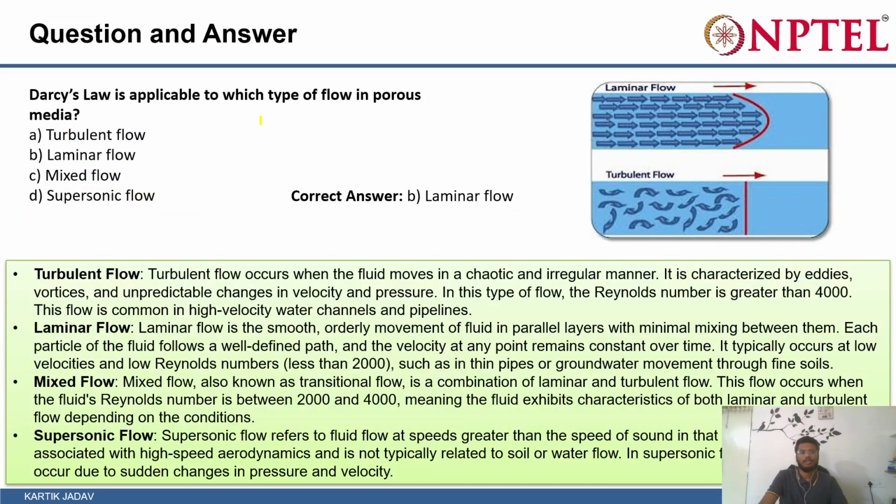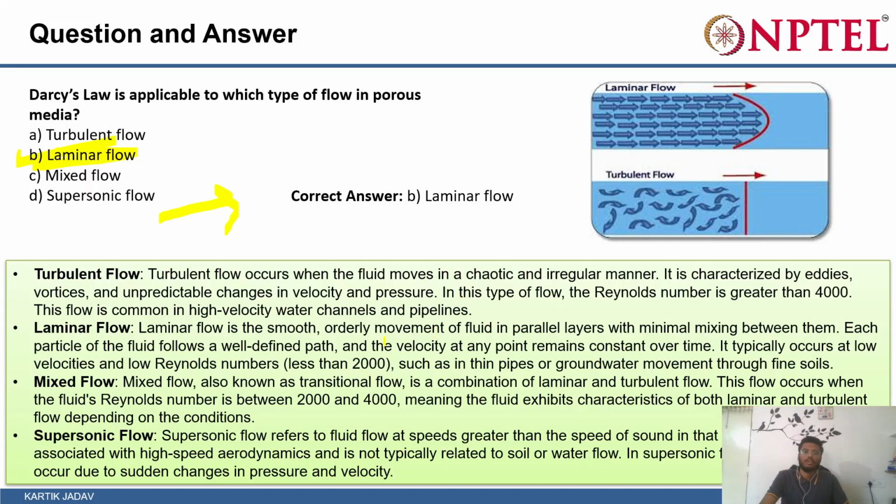Darcy's law is applicable to which type of flow in porous media? We know that Darcy's law is generally applicable to laminar flow. The correct answer is option B, because laminar flow is smooth and generally occurs in soil conditions, where water movement has a very low velocity.